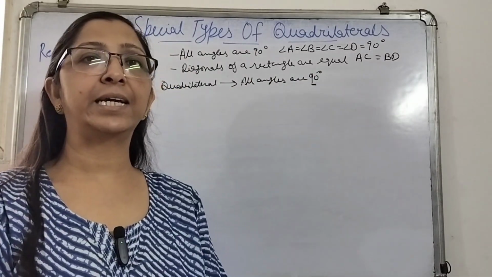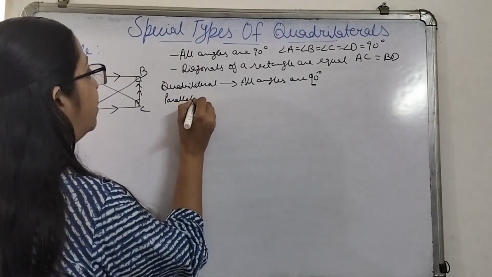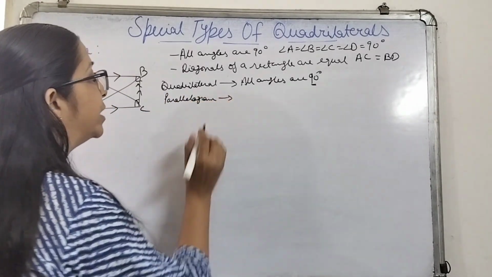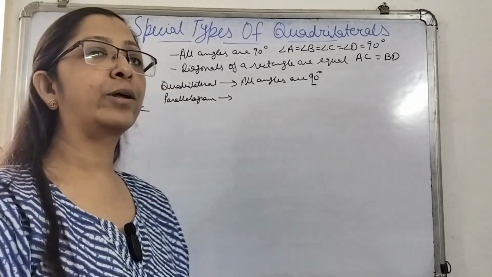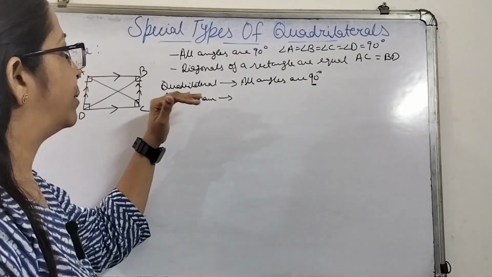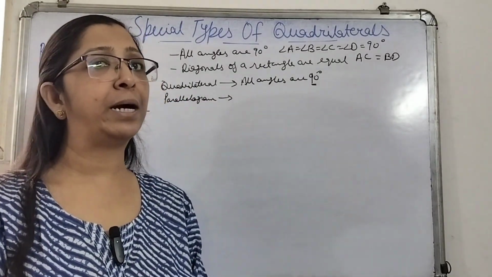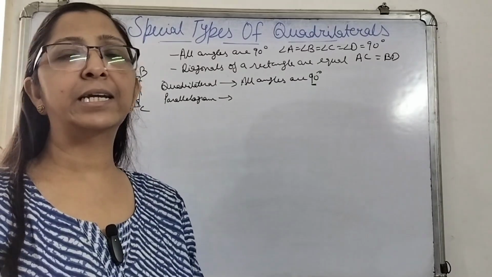If we can prove that all angles of the given quadrilateral are 90 degrees, then we can say that it is a rectangle. Now, if a parallelogram is given to us and we need to prove that it is a rectangle, how can we prove it? Because it is a parallelogram, it is automatically given that opposite sides are equal and parallel.